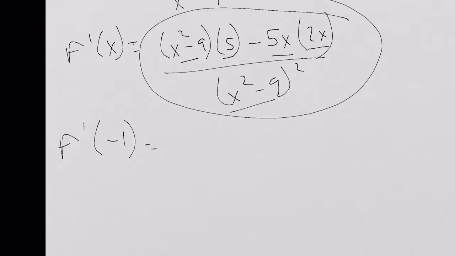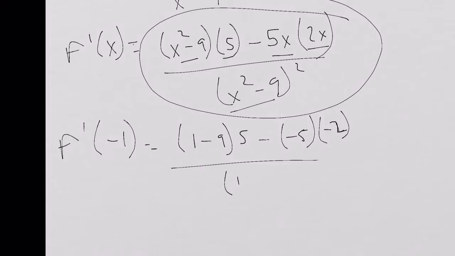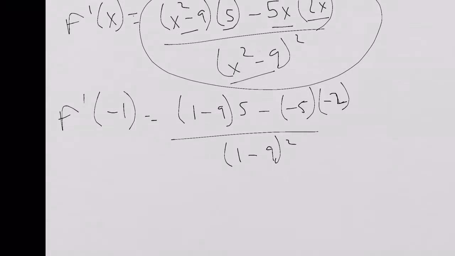But we could just plug in -1, so -1 squared is 1 minus 9 times 5. So 5 times -1 is -5, and 2 times -1 is -2, all over, again, 1 minus 9 squared. So we're evaluating our derivative when x equals -1 to find the slope at x equals -1.